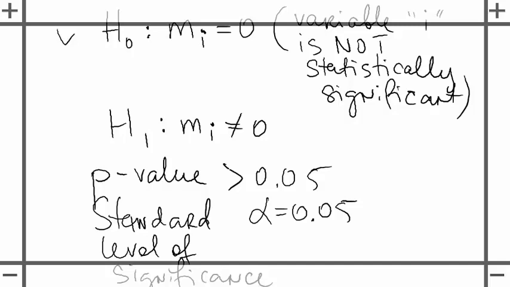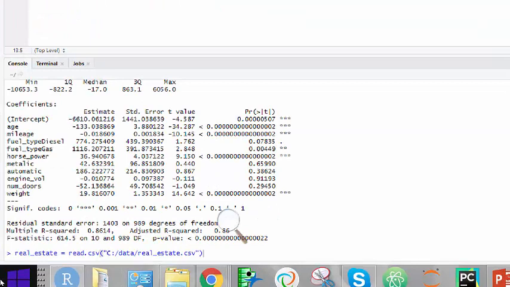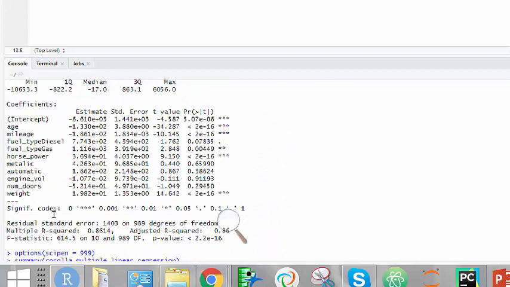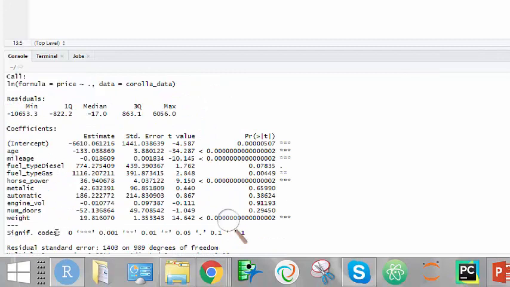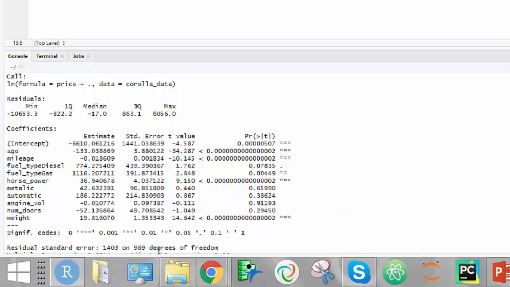So let's do this, ladies and gentlemen. Let's go back to our output and let's see. Here is a bunch of variables corresponding to the predictors, a bunch of slopes corresponding to the predictors which I have in my model. Here in the last column, remember we discussed that, I have p-values, the probability greater than absolute value of t.